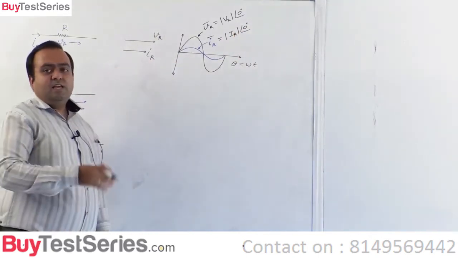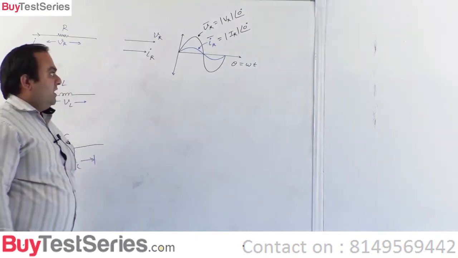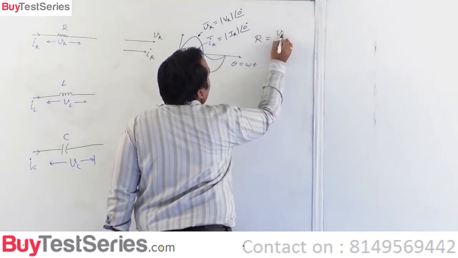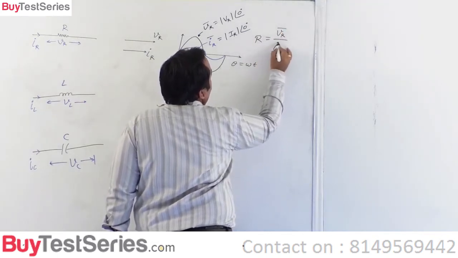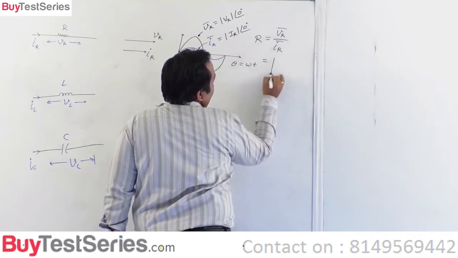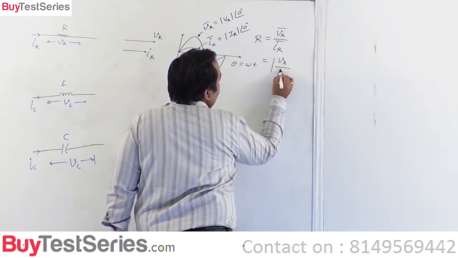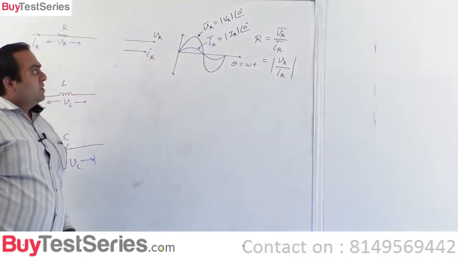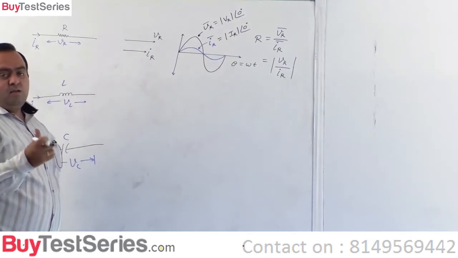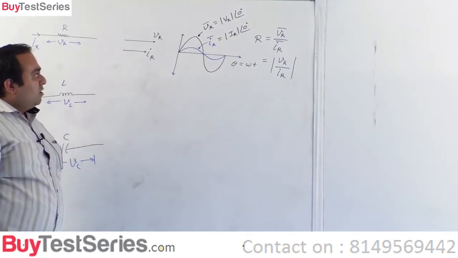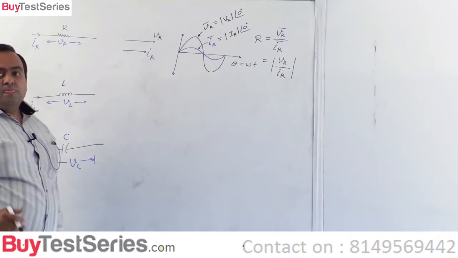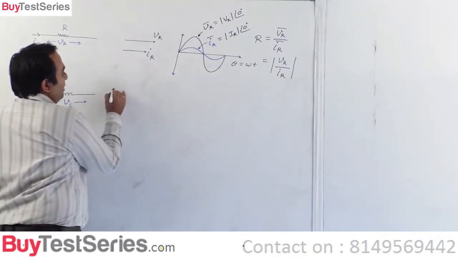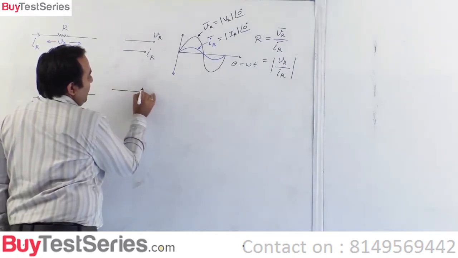For a resistance, VR and IR are always in phase, and the ratio is simply the VR phasor upon the IR phasor, which is anyway VR magnitude upon IR magnitude. I think this we already know for a resistance. Voltage across the element and current through the element are always in the same phase in the case of a resistance.